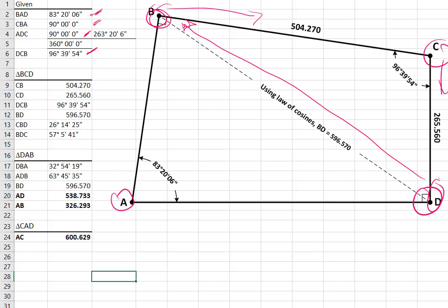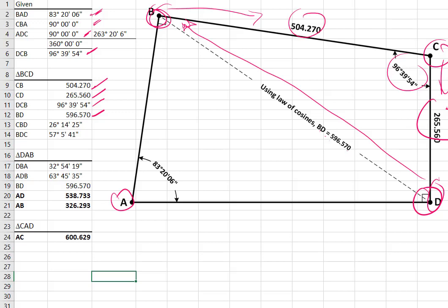In this triangle we have two sides and the angle between them. If we apply the law of cosines, we will find BD equals 596.6. So here we have CB, we have CD, we have the angle between them, and this is the solution of line BD.